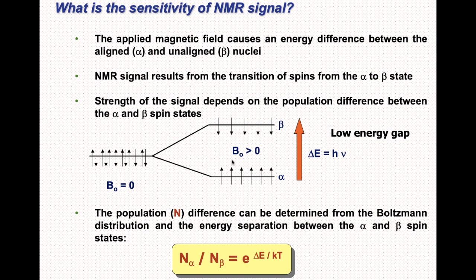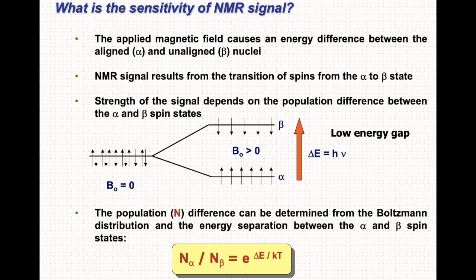If the applied field strength is increased, the separation between the alpha and beta spin states increases accordingly. Naturally, when the separation increases, more population will be present in the alpha spin state rather than the beta spin state. So this is one way to increase the population difference between the alpha and beta spin states.